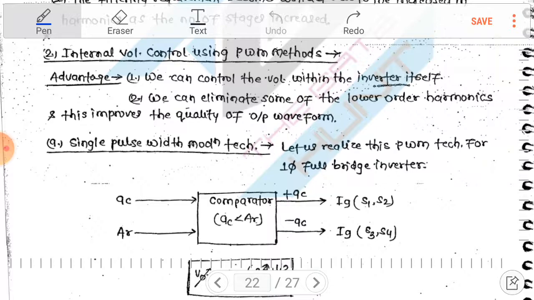What are the advantages? We can control the voltage within the inverter, and we can eliminate lower order harmonics to improve the quality of the output waveform.